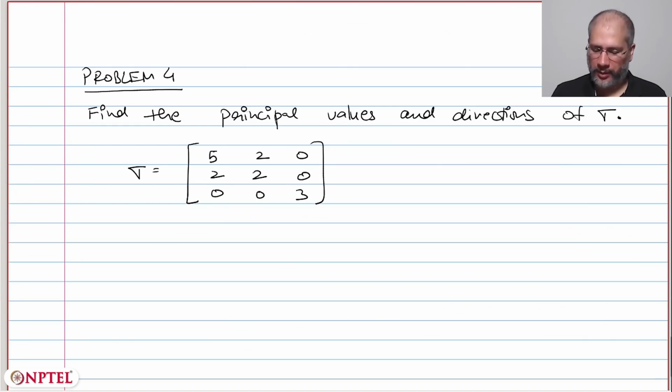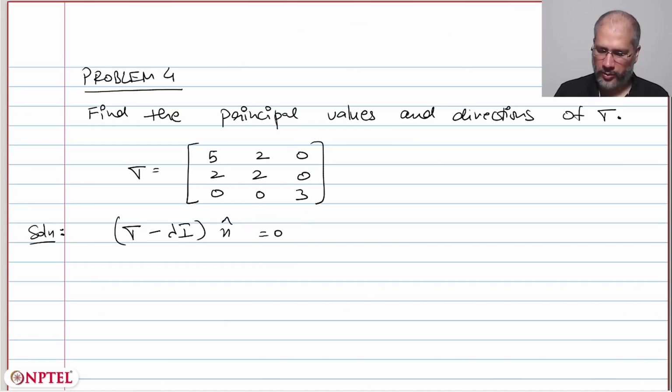First I write the eigenvalue problem, which says that sigma minus lambda I times n hat is 0. I'm using the symbolic notation this time. And this is only possible, as we showed, if this matrix is singular, or the determinant of sigma minus lambda I is 0.